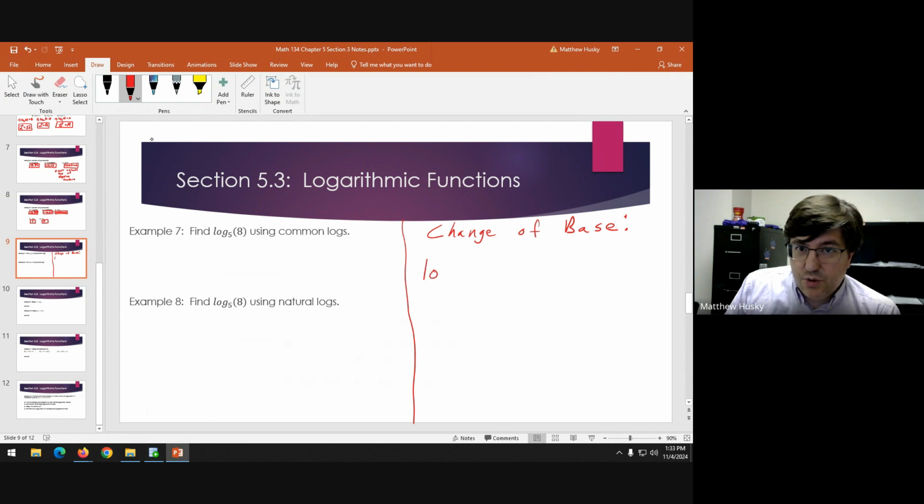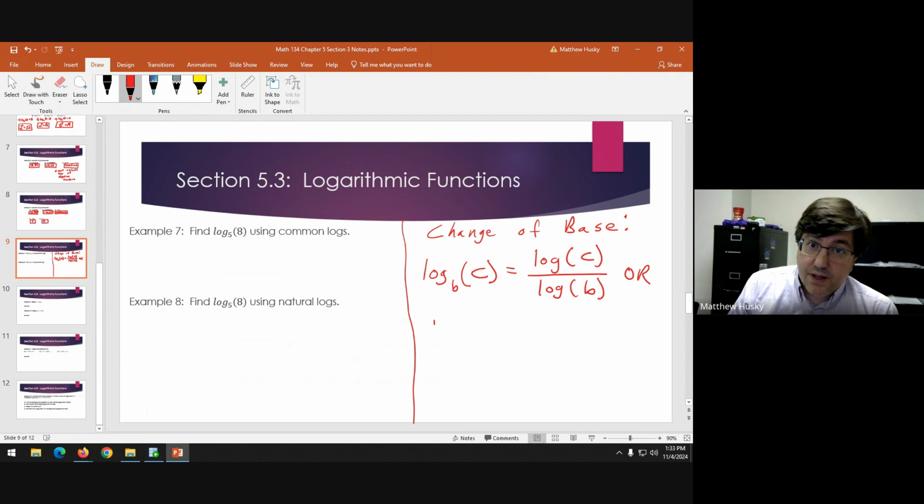If I want to do log base B of C, then it turns out that is equivalent to doing log C divided by log B. Or another way you could do it, log base B of the number C is equivalent to ln of C divided by ln of B.